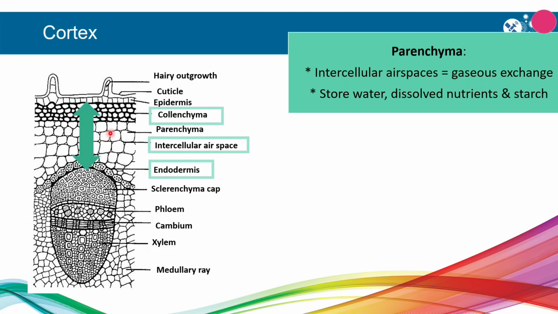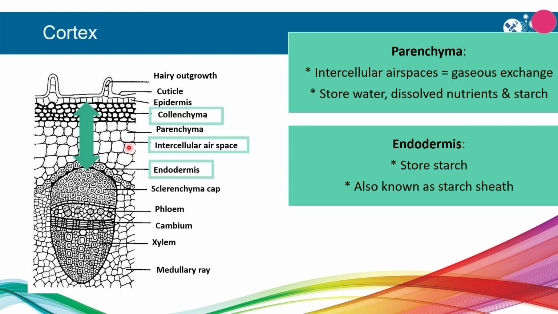Alright, so gases need to move through here, and they will also store some water and some starch. Then we have the endodermis, so that's a layer just above that vascular bundle, and the endodermis in this case stores starch, and it can also be known as a starch sheath.